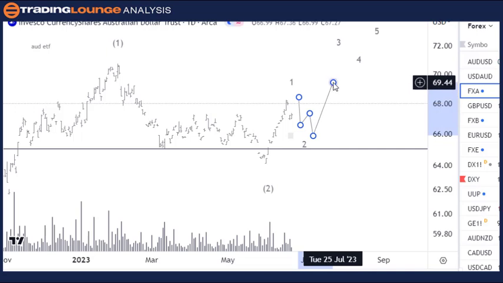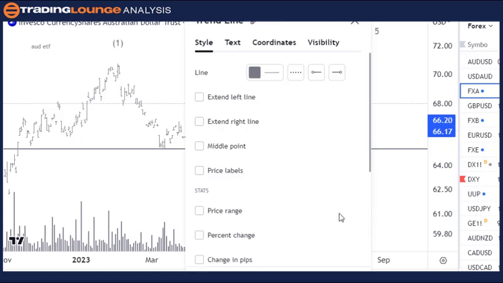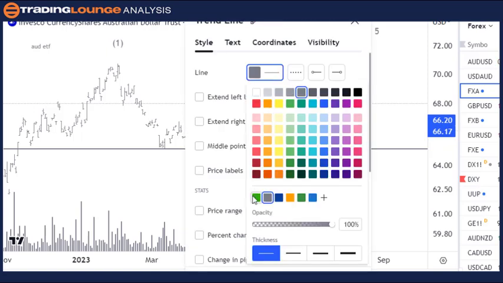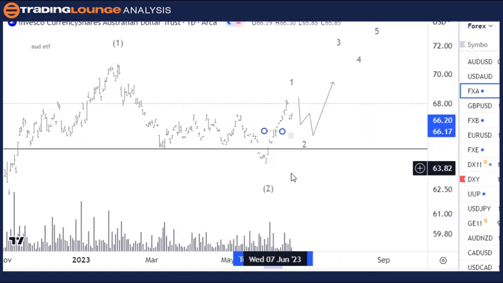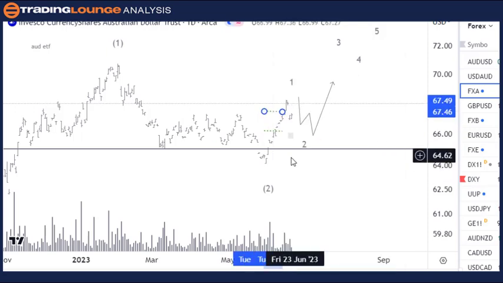I'm thinking that we're going to get some sort of little ABC back here. Now on the intraday, we already have a position in here at 66, 67. That's one position in here, and we're just keeping the stop out of the way, which is down here. So I'll just do that here.